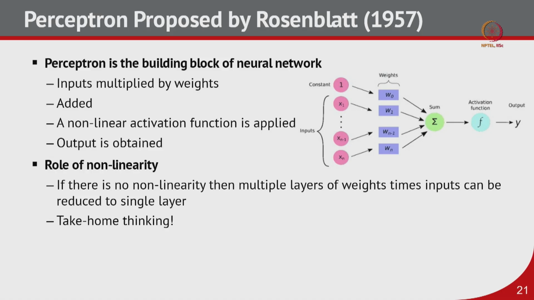So, this is a take home thinking. It will also be useful for your assignments. You can just do this simple exercise where you do not have some activation function, or anyway we did not discuss activation function, so you can forget about it. Instead of just one perceptron, you can have multiple perceptrons which take the same input, but they might have different weights, right.